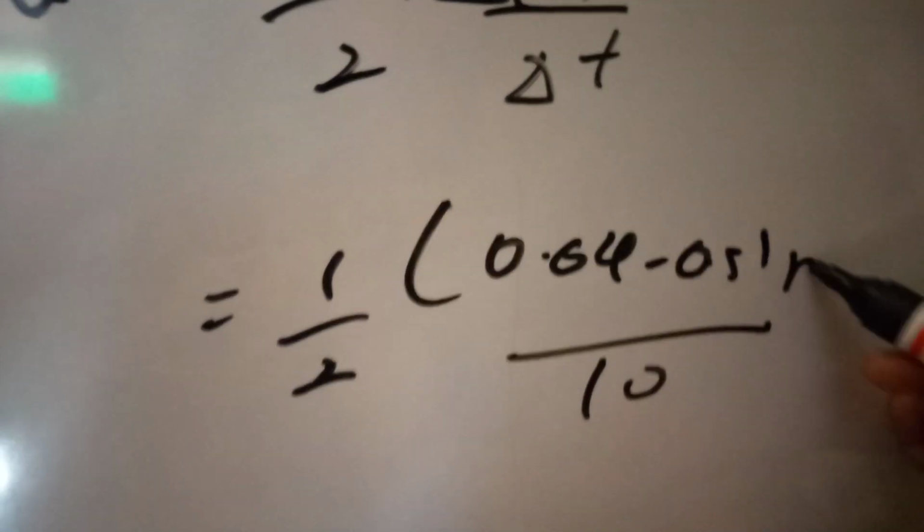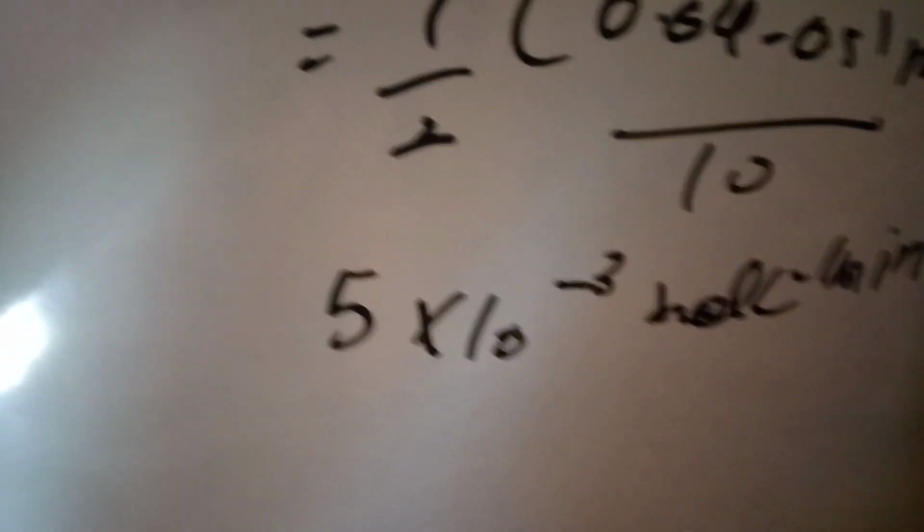Rate is equal to minus 1 by 2 del A by del T, where terminal minus initial upon time taken is 10. So our required answer is 5 into 10 to the power minus 3 mole liter inverse minute inverse.